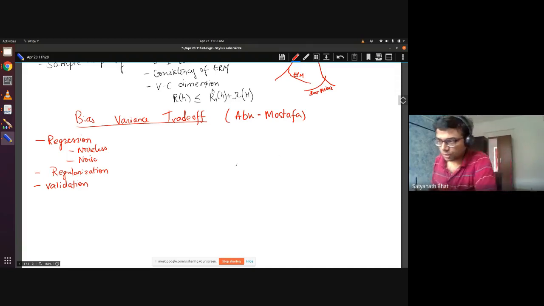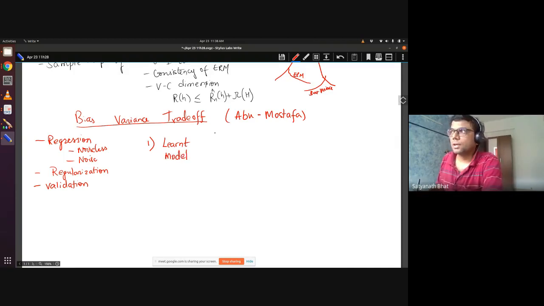So the first thing that we will do is look at what we learned, the learned model. Now we are in the regression world. In our previous notation for empirical risk minimization, what was the notation here? Can someone tell me?